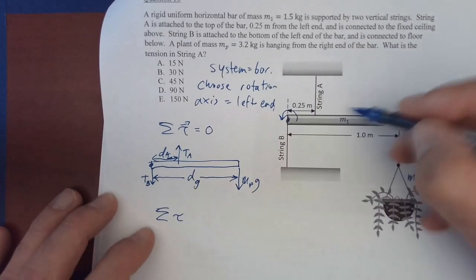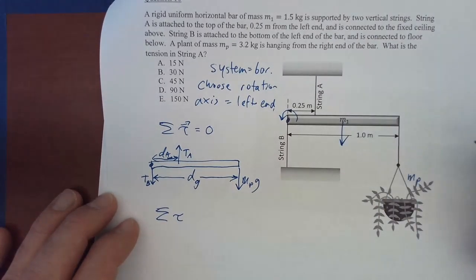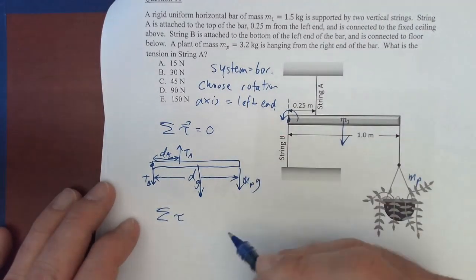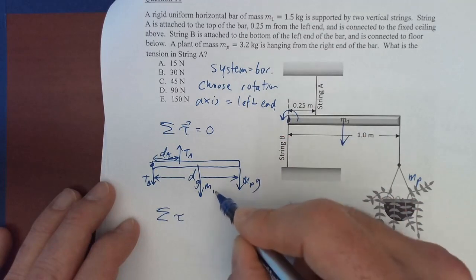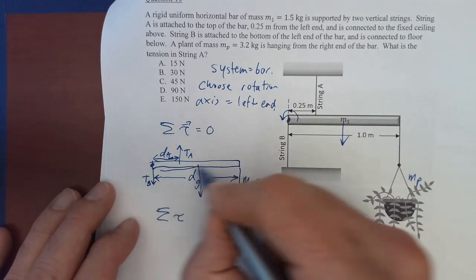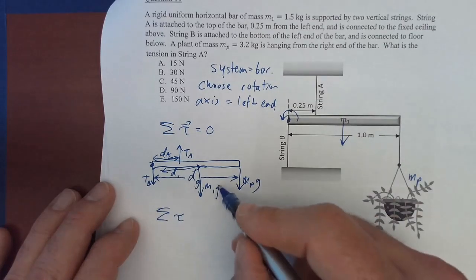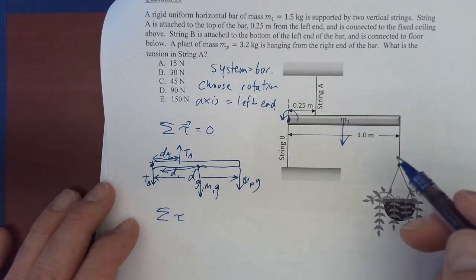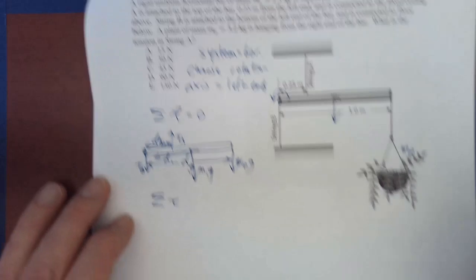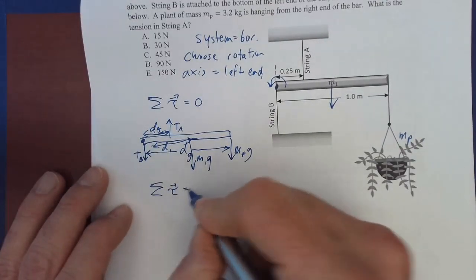So the sum of all the torques... oh, wait a second. I forgot one thing here. What about the mass of the bar? M1 times G. I'll call that D1. There's another torque there. I almost forgot about that. Just the weight of the uniform bar, right? So the sum of all the torques is equal to 0.